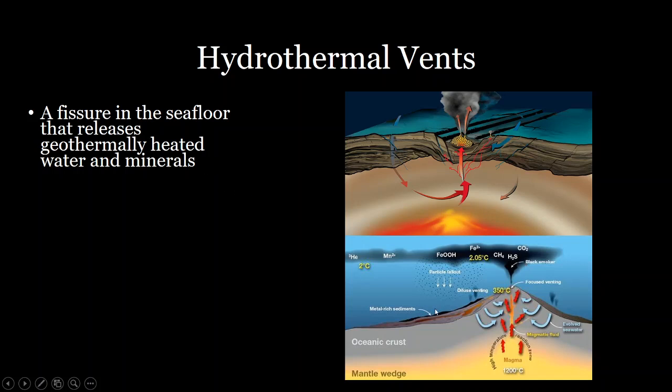And so you can see here this water seeping in, getting heated by this magma and coming up, and coming out of the seafloor with temperatures up to 350 Celsius, so very hot.